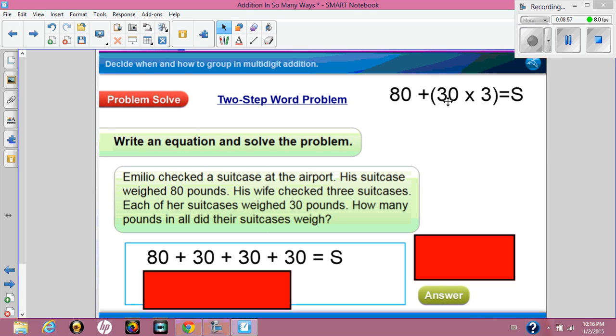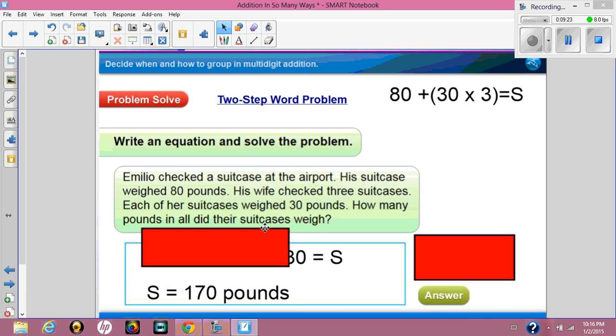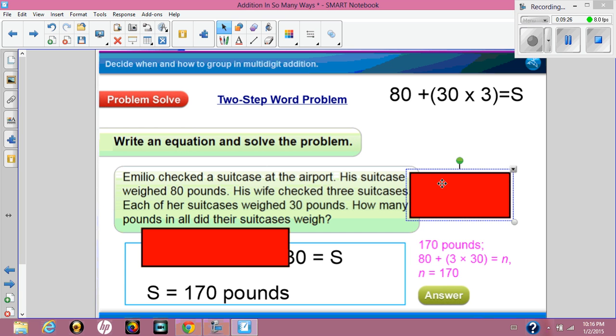So 80 plus 30 times 3 equals S. So see, 3 times 3 is 9, add a 0, that's 90. 90 plus 80, we add the 2 digits in the tens column. 8 plus 9 equals 17. 170 pounds is our total. Let's see if we're correct. 170 pounds. And they wrote their equation in the same way, using addition and multiplication.